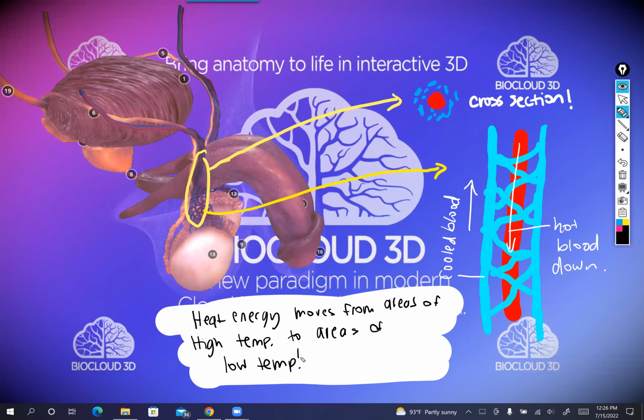So it's kind of like diffusion, but for heat. If you have a lot of heat energy in one place and less heat energy in a neighboring place, the heat energy is going to dissipate from the warm place to the less warm place, moving down its energy gradient.